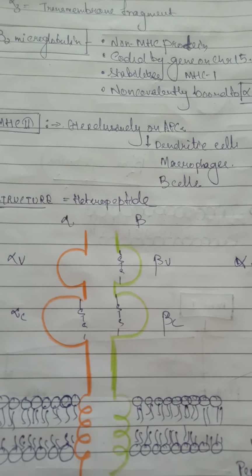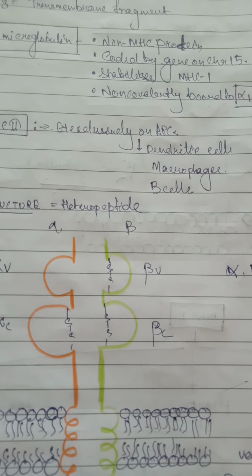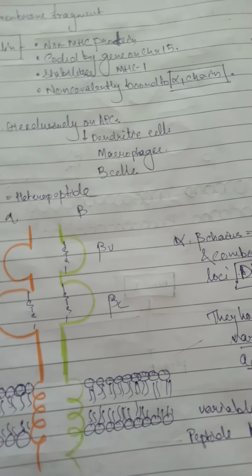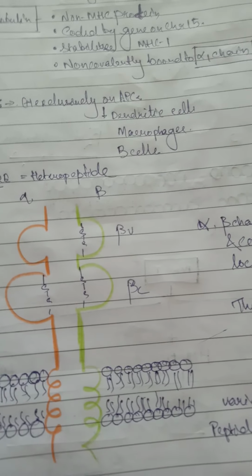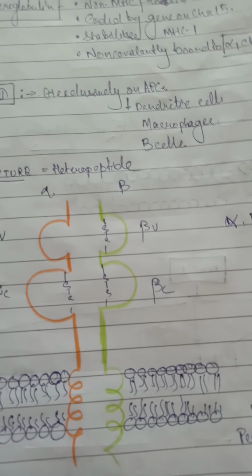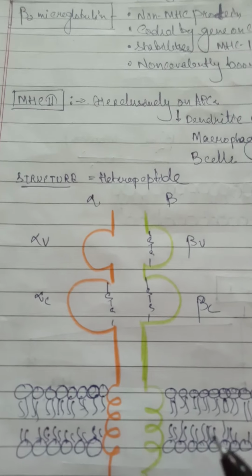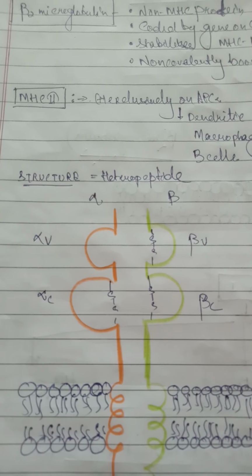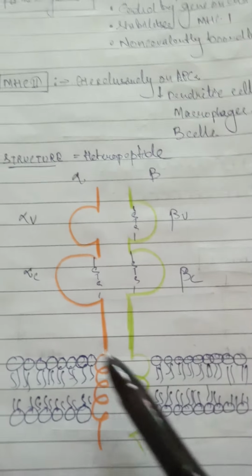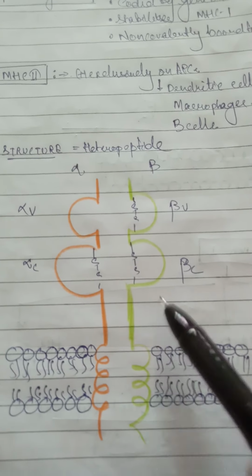So the MHC2 molecule is a heteropeptide of alpha and beta chains that are stabilized by disulfide bonds, among which the alpha chain has a variable part and constant part, and the beta chain has a variable part and constant part, and both of them have a transmembrane part to stabilize them.